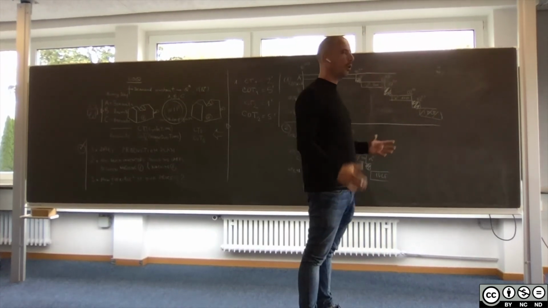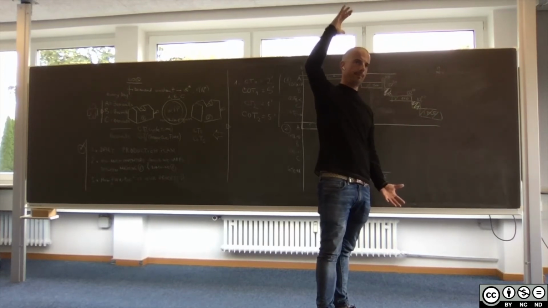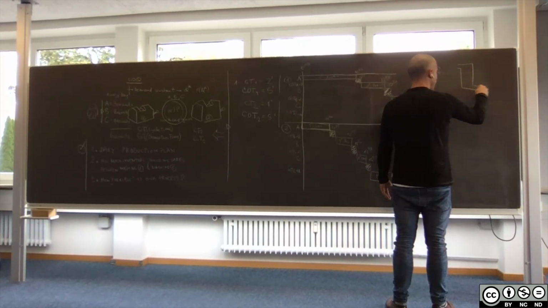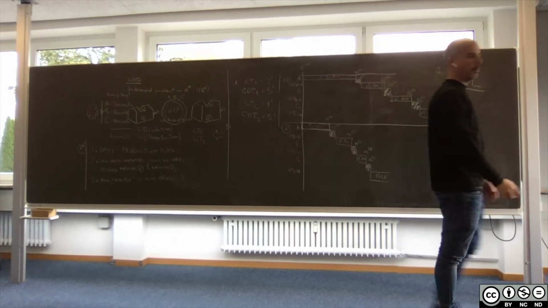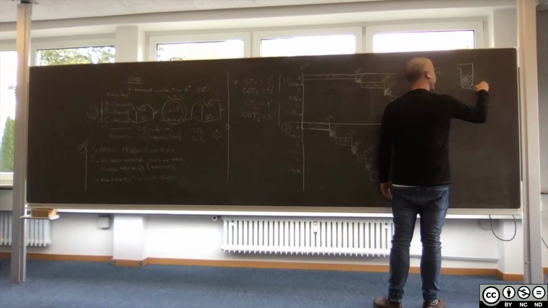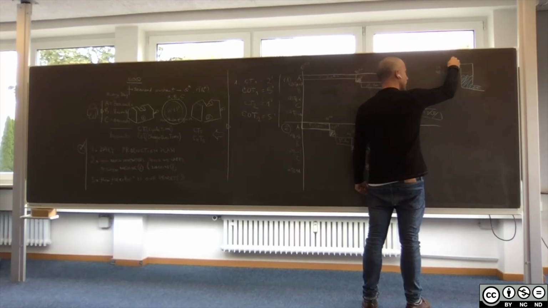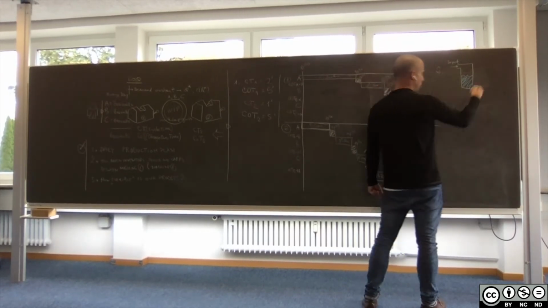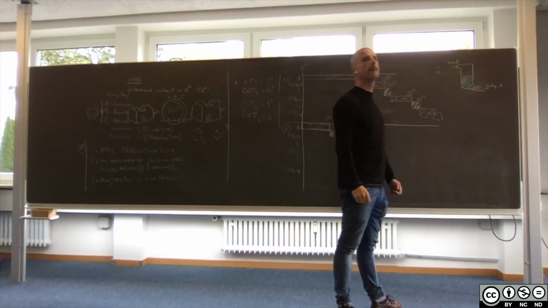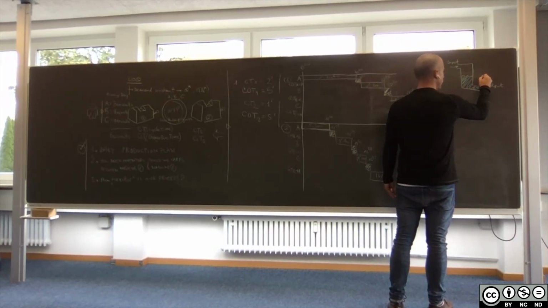I want you to think about inventory as a huge water tank. Imagine we have water in here, painted blue. This is the input of the water, the supplier, and this is the output. And this is the inventory you have, the level of inventory.